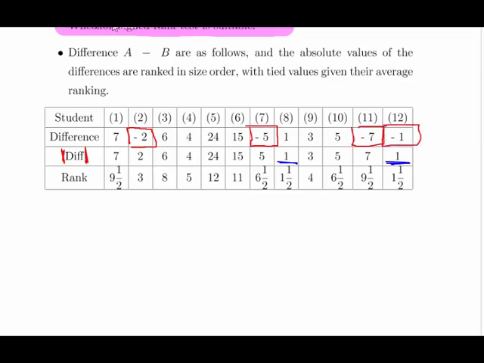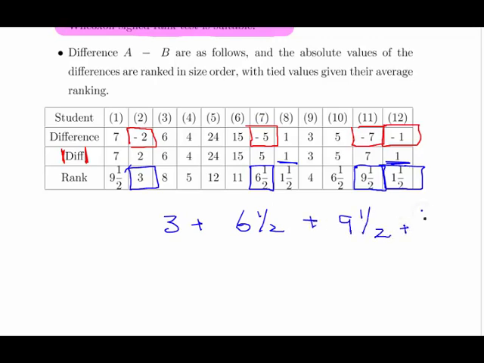Let's check out the corresponding ranks: 6.5, 9.5, and 1.5. So 3 plus 6.5 plus 9.5 plus 1.5.